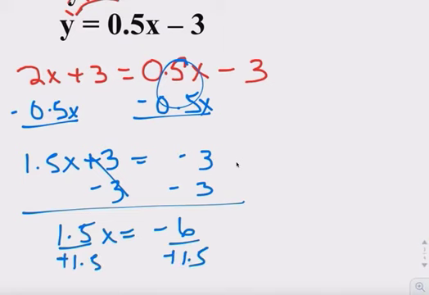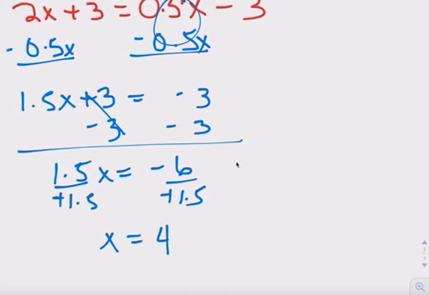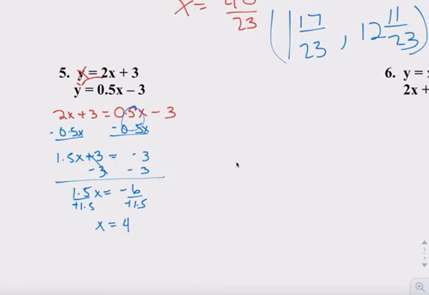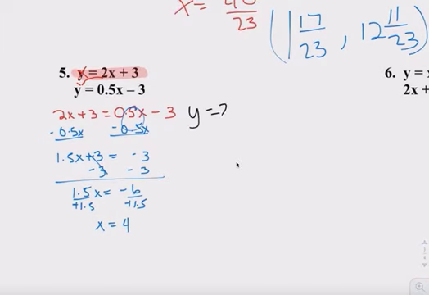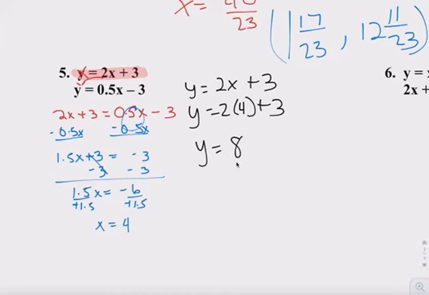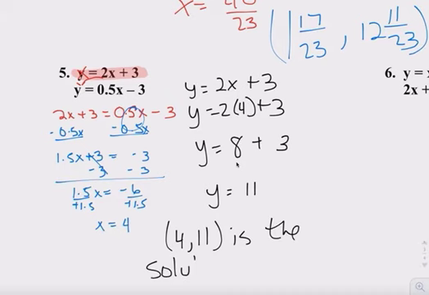Positive. 6 divided by 1.5 is 4. Thank God, finally a nice number. Okay, let's substitute it into here. Y equals 2 times 4 plus 3. We're using y equals 2x plus 3, where the two graphs meet.